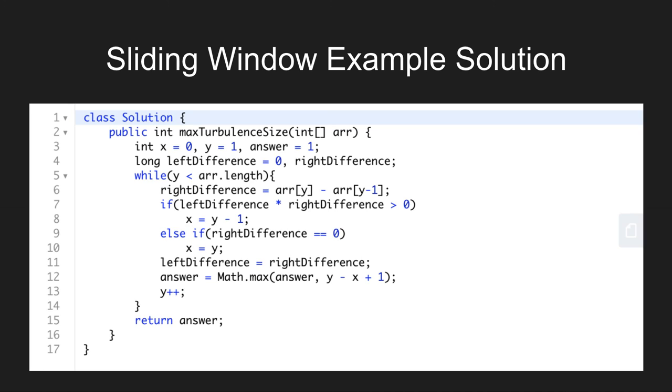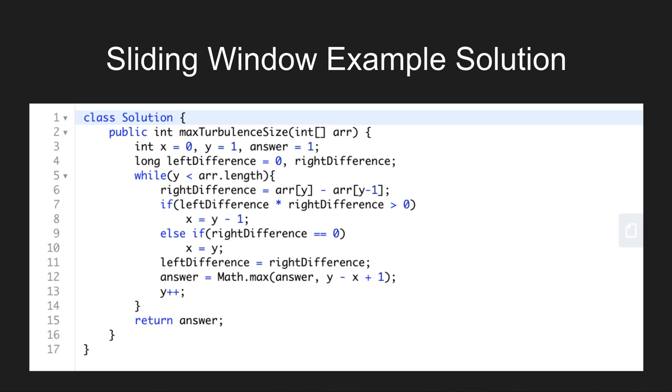So instead of moving our start pointer to end minus 1, we move it immediately to end, since we know that end and end minus 1 are the same value. And then we update our left difference to be our right difference, since we're shifting everything over as we move through an iteration of the loop.